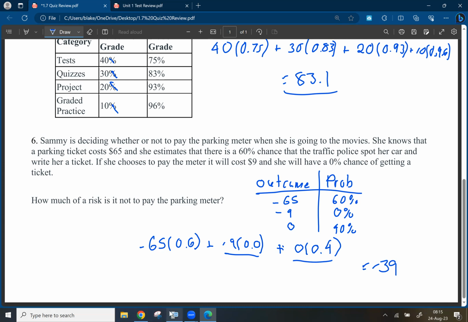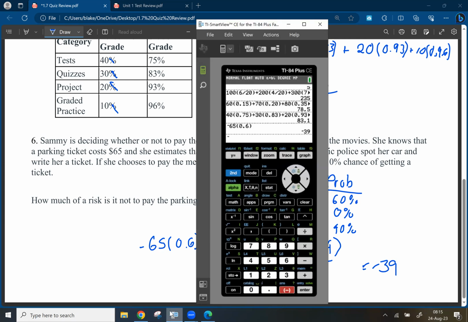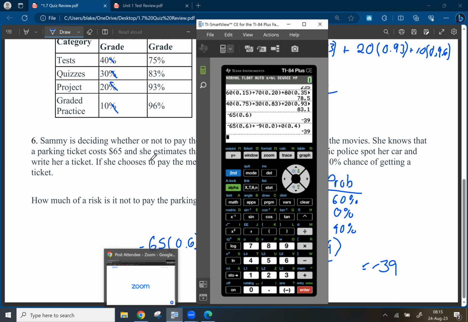If you did all three of these together, negative 65 times 0.6 plus, hold on, no, this was 9, negative 9, sorry, times 0.0, and then plus 0 times 0.4, it's still negative 39, because negative 9 times 0 is 0, and 0 times 0.4 is also 0.